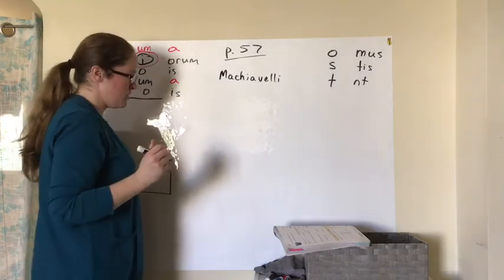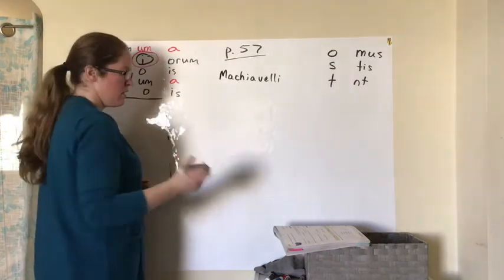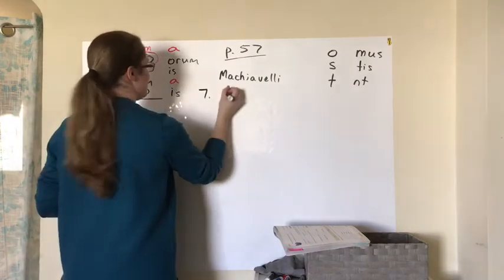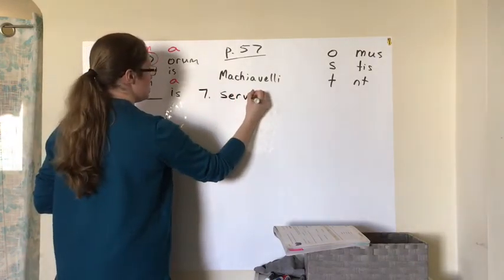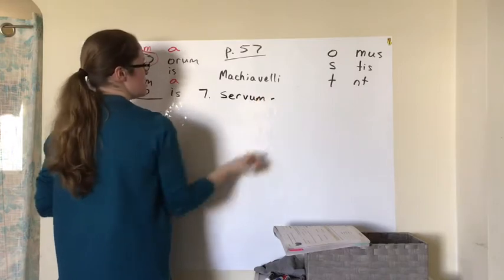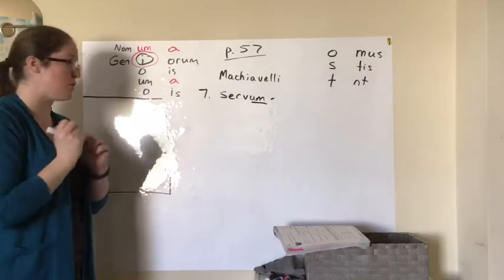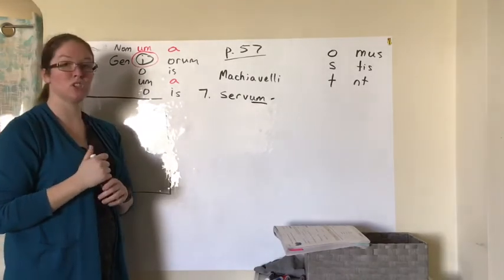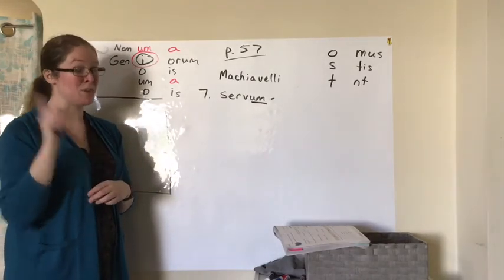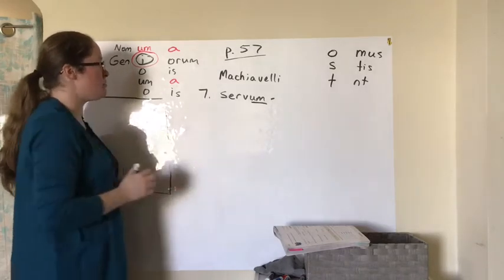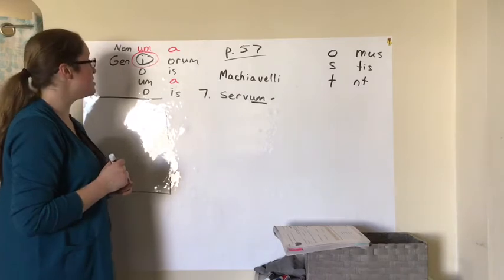All right, so that was number 6. We're on to number 7. Number 7, we have servum. Is that the ending that we learned when we first learned our vocabulary for servus? It is not, because we learned servus, servi. So when it becomes servum, where is it?